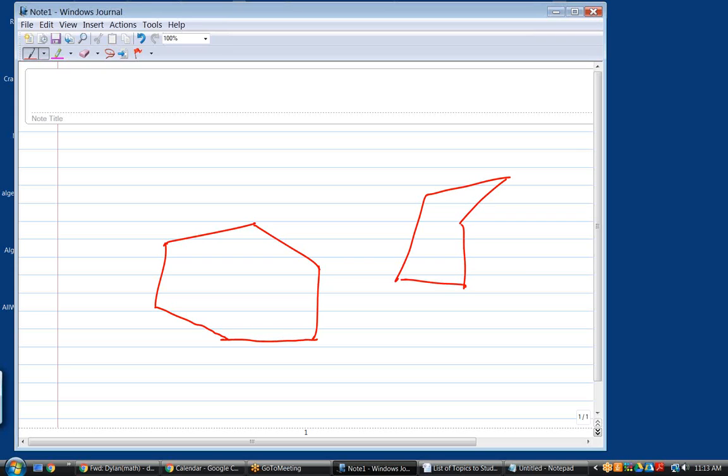So like a concave angle is when one of the angles caves in on the shape and it's not like an equal polygon, and then a convex is when no sides cave in and they're like equal angles. Hold on 1 second.